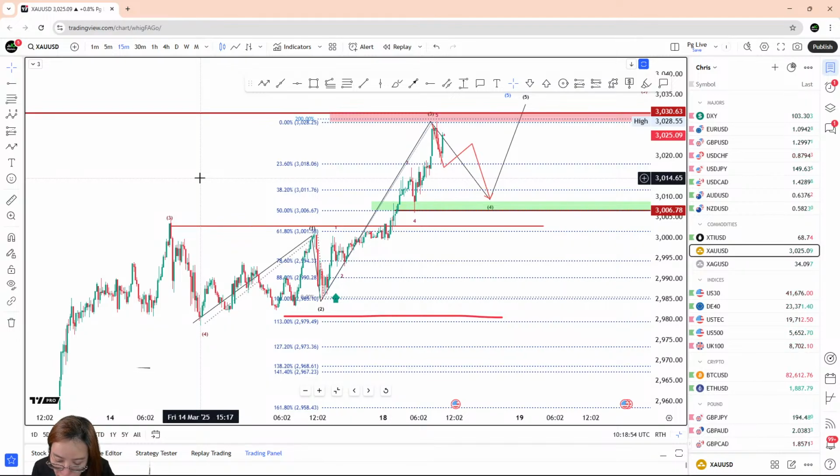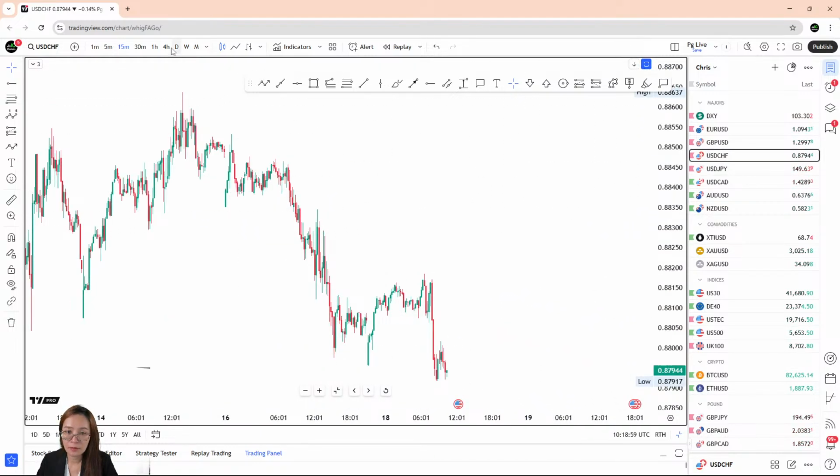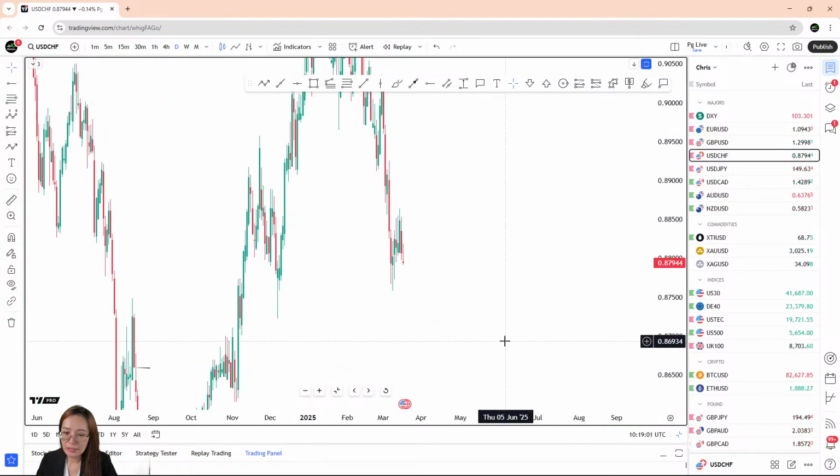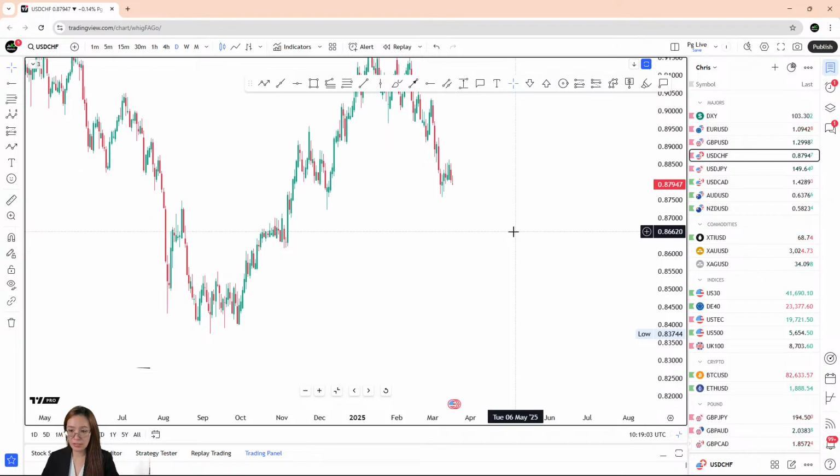No question. Okay, USD CHF, the last one. I will highlight the key level for you. These are on the daily time frame.